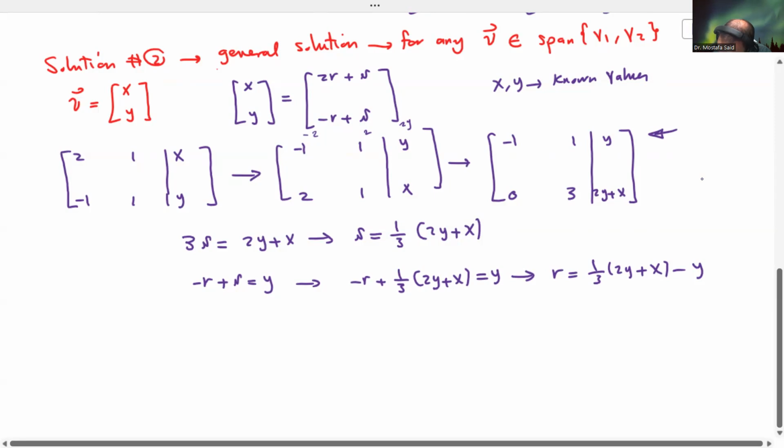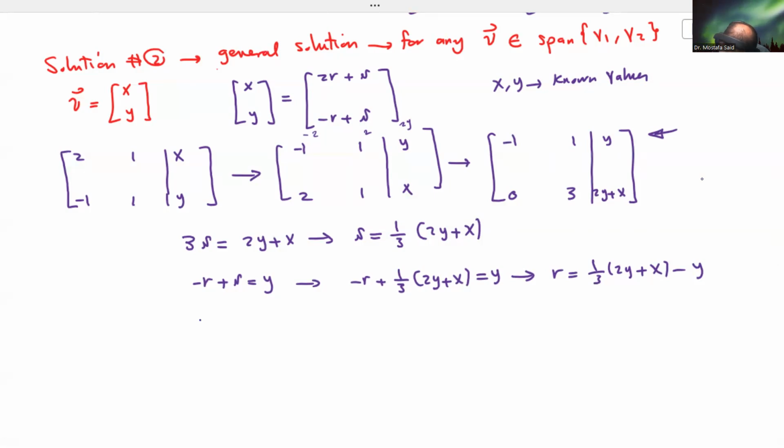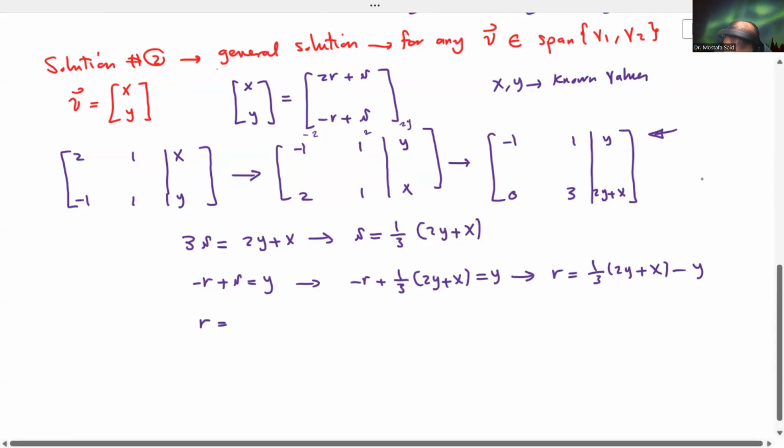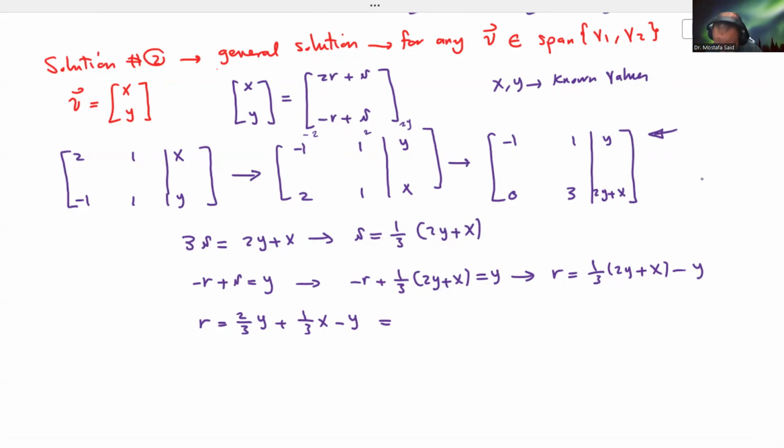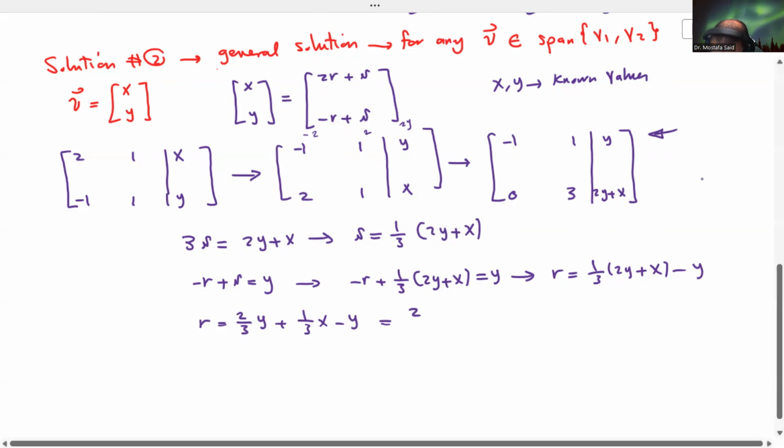Yes, okay. Then, it's a little bit long here. So 2/3 y plus 1/3 x minus y. So minus y can be minus 3/3 y. Let's make it more clear for you.